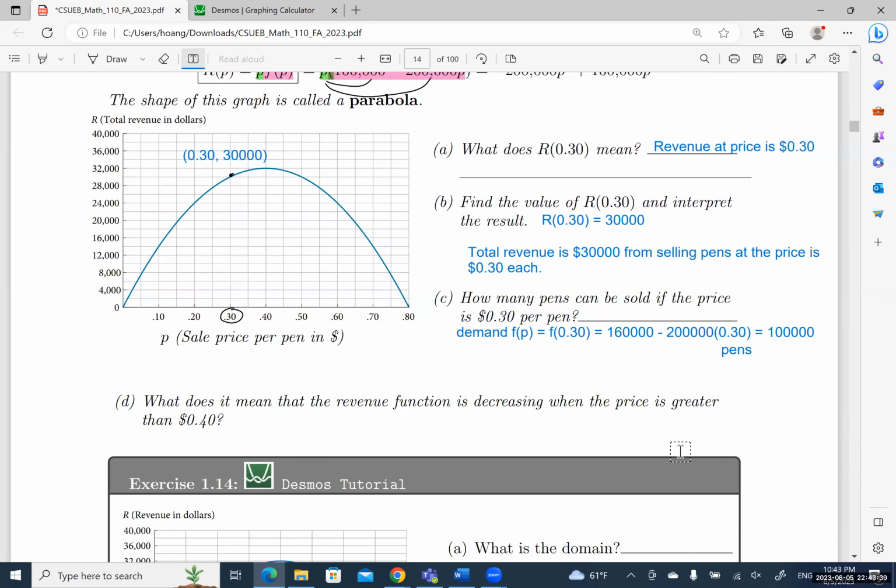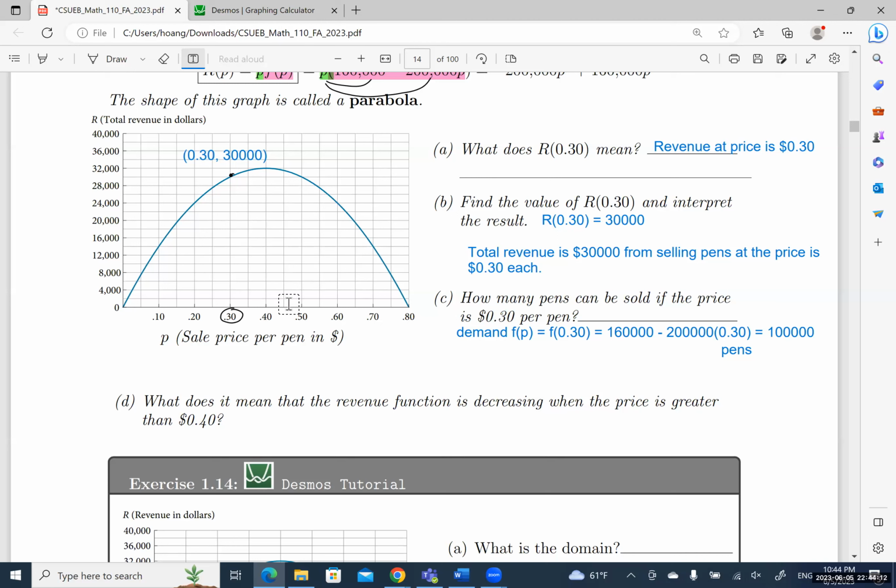So what does it mean that the revenue function is decreasing when the price is greater than $0.40? Look at the price at 0.40 here. It was the maximum of revenues, and after that it's just decreasing.